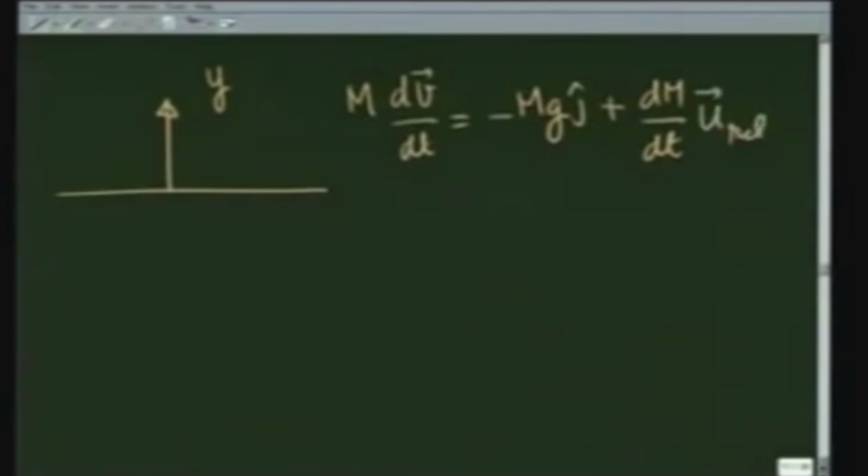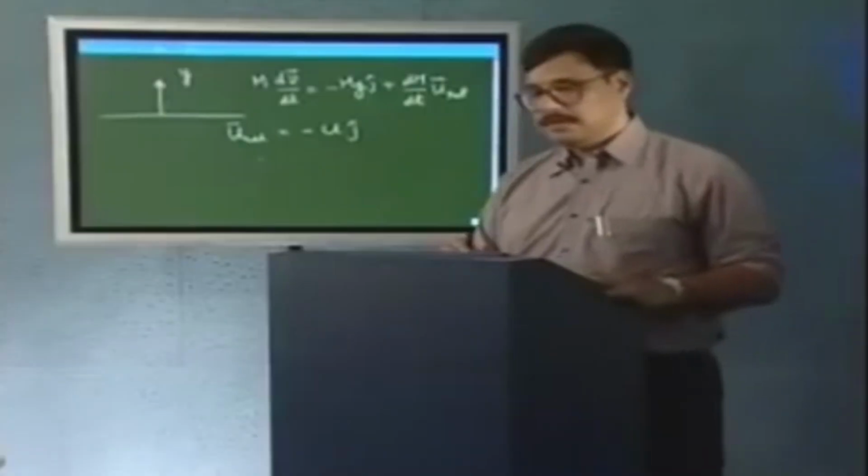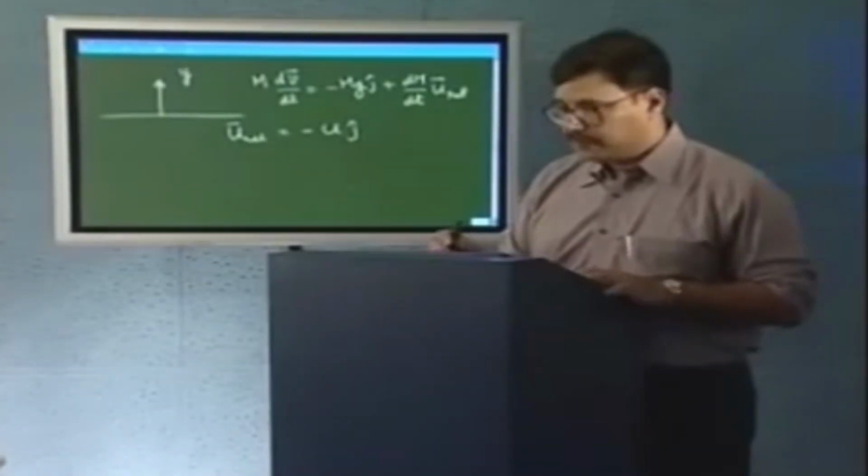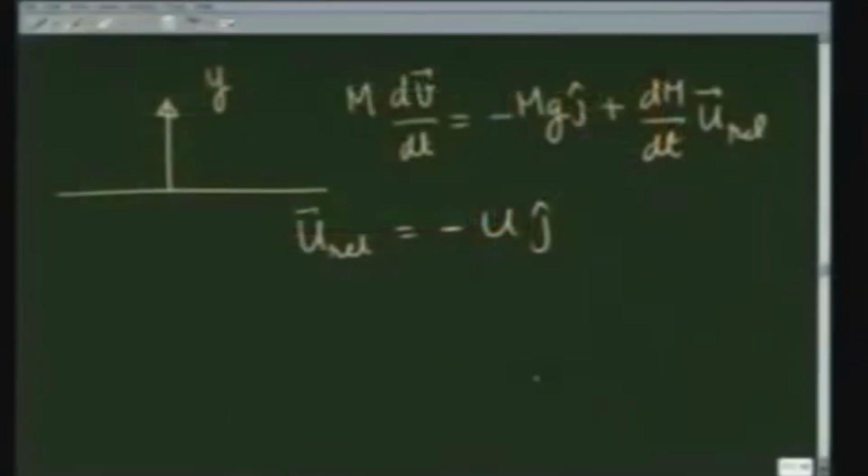U relative is u j in the negative direction, and dm/dt is also negative, but I do not have to write that explicitly. And v is some v j.